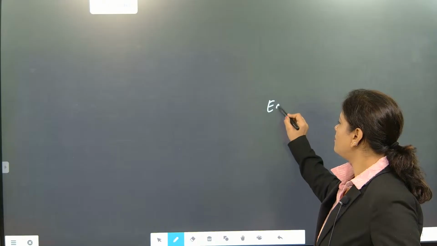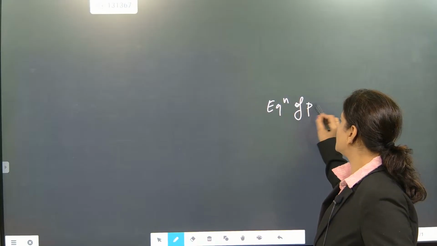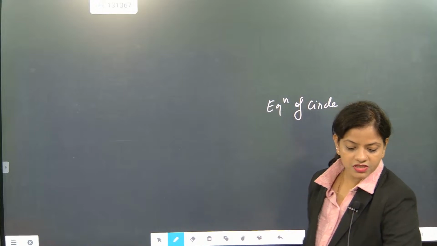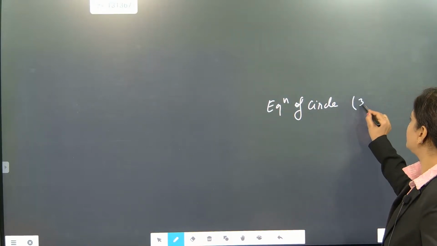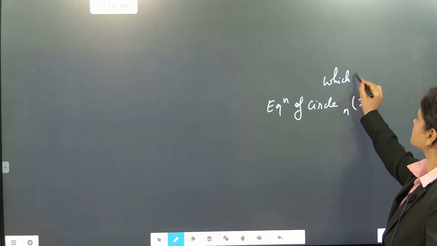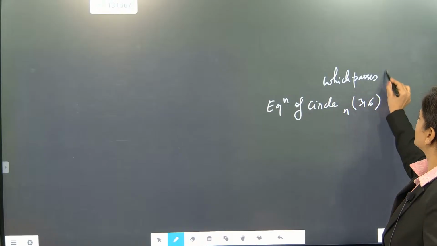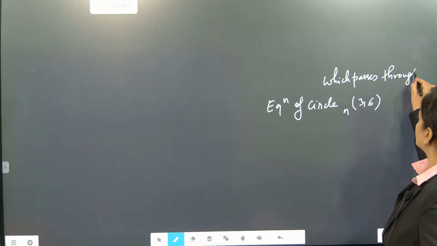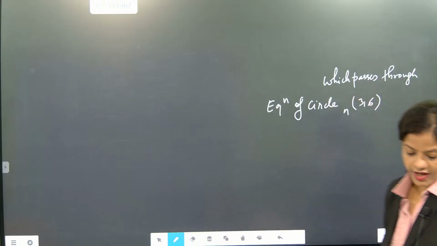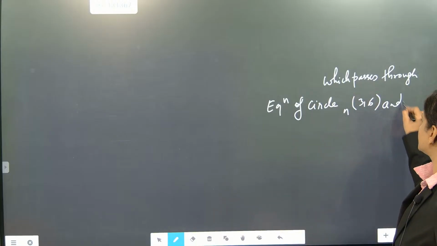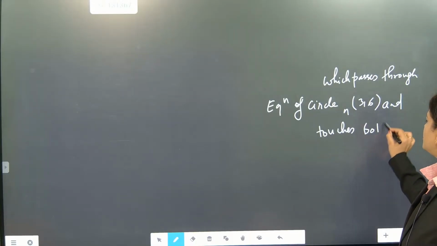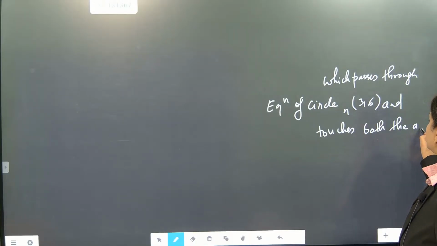You have to form the equation of the circle which passes through 3, 6 and touches both the axes.